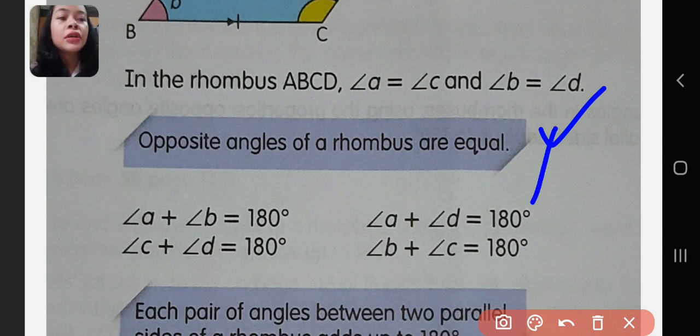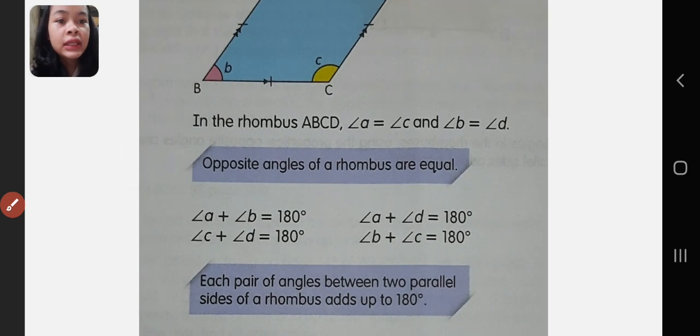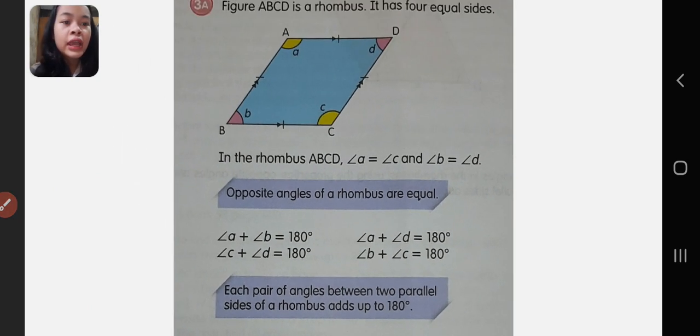So AB equals 180 degrees, CD equals 180 degrees, AD 180 degrees, BC 180 degrees. In a parallelogram also, we know that the angles that are connected with one line add up to 180 degrees.